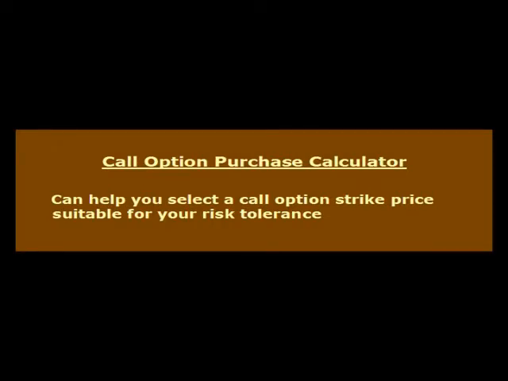This can help you select a strike price that is suitable for your own personal risk tolerance. This strike price analysis can be done prior to purchasing a call option. There are instructions on using all of the wealth creation strategy calculators included in the Wealth Creation Members Only Toolbox Manual.